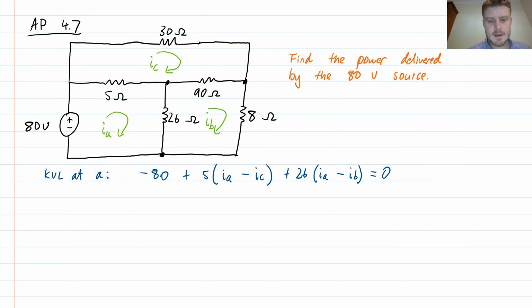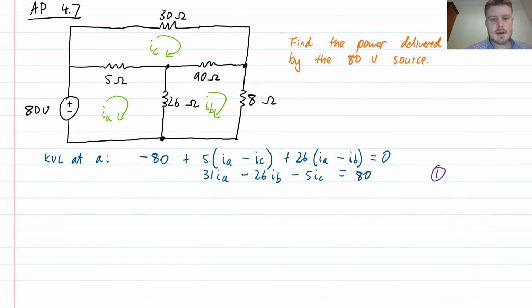Simplifying this expression a little bit, I should collect like terms on IA, which will give me 31 times IA, minus 26 IB, minus 5 times IC is equal to 80. And that is equation number 1.